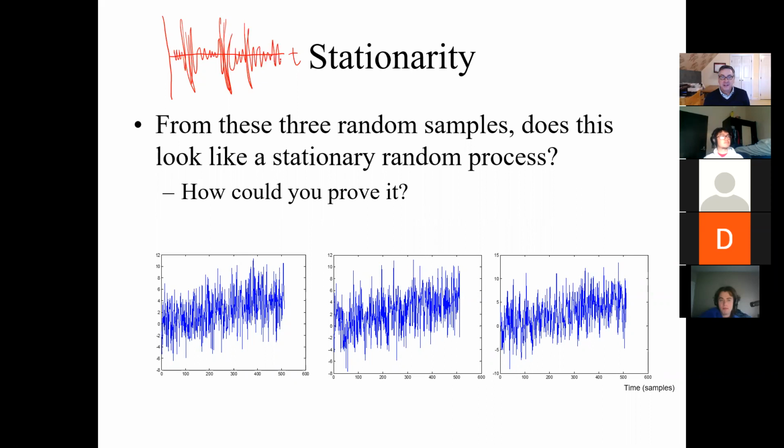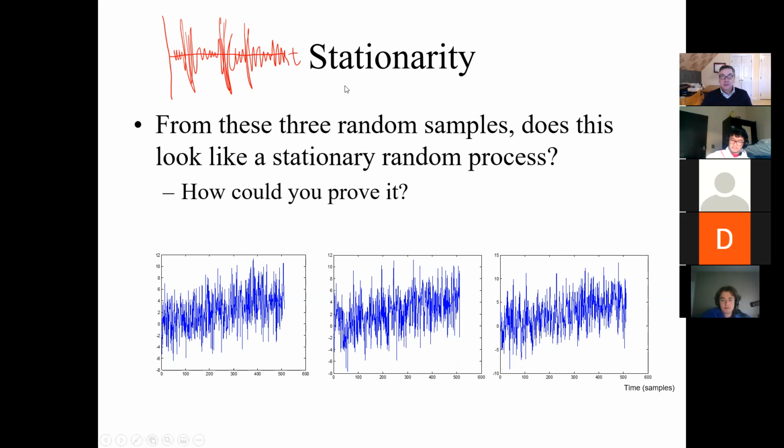If that behavior was embedded in all of the samples, then the interpretation would be that the variance depends on time because we get these noisy bursts, as long as they all happen at the same time in all of our examples. Any questions about that? It might have a constant mean, but the variance would not be constant with time.